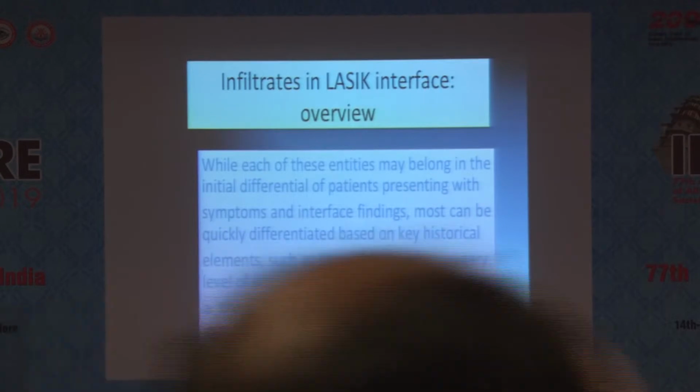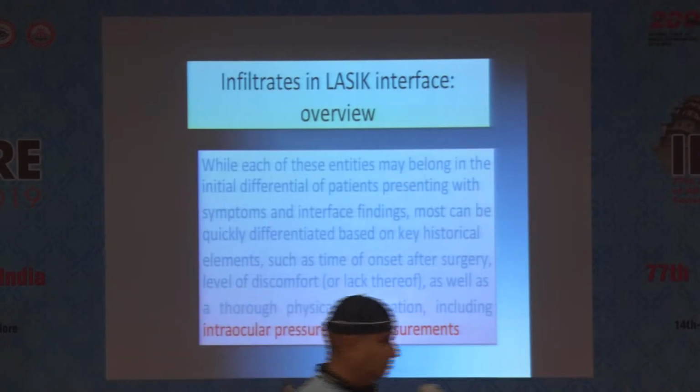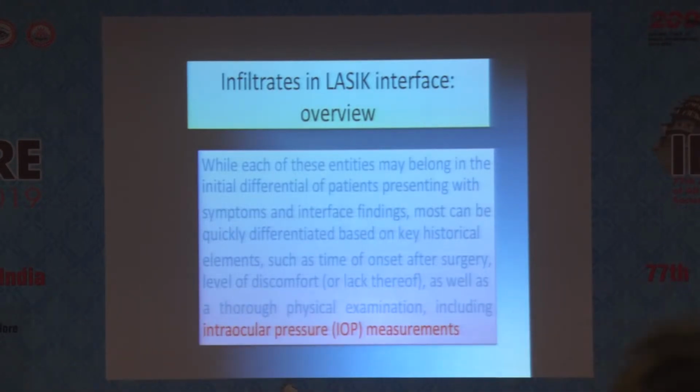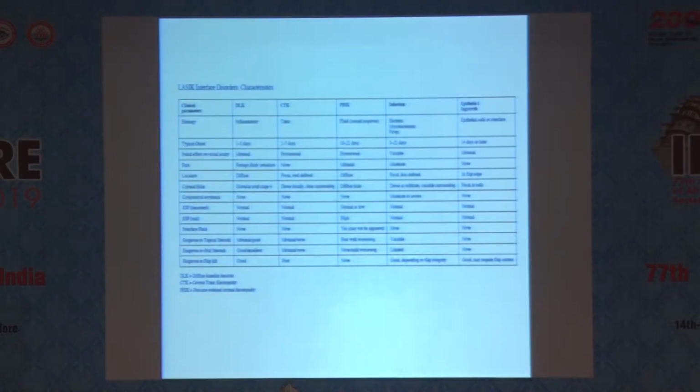While each of these entities may belong in the initial differential diagnosis, symptoms and interface findings mostly can be quickly diagnosed based on key historical elements like time of onset after surgery, level of discomfort or lack of it, as well as thorough physical examination, and IOP measurement is a must. And you must note that interface complications evolve in appearance over time, so frequent follow-ups are a necessity.